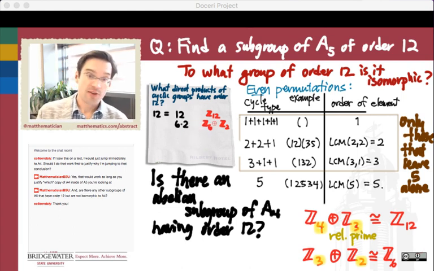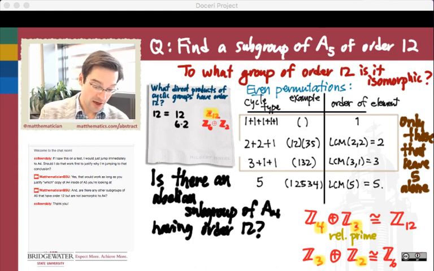So let's think about the orders of elements in those two abelian groups. Z mod 12, because it's a cyclic group, has got to have a generator. And that generator is tasked with generating the entirety of the group of 12 elements. And therefore, the generator for Z mod 12 has got to be an element whose order is 12. So the question in front of us then is, are there any elements of order 12 that we could use inside of A5 to generate a cyclic subgroup of order 12?